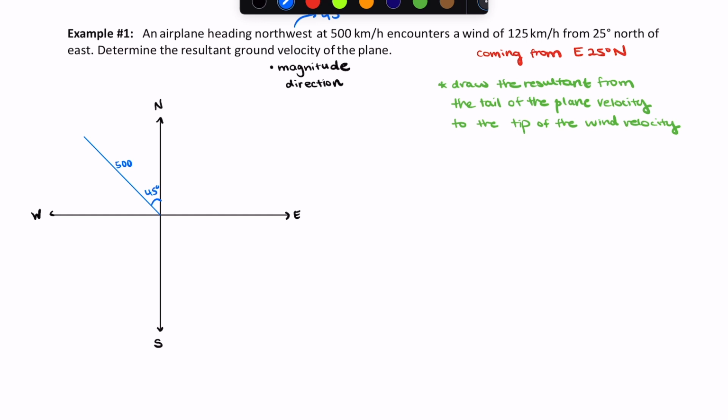Then it encounters a wind of 125 kilometers per hour from 25 degrees north of east. So we have 25 degrees and 125 kilometers. That is the wind velocity.